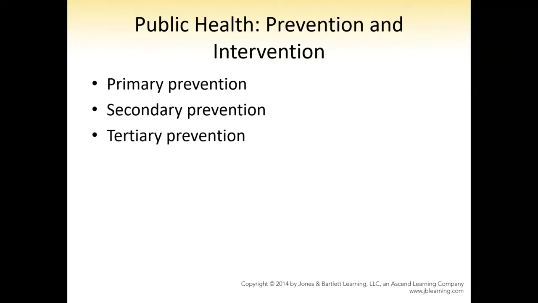Secondary prevention is the behavior or the risk has started, but it's still new. So an example of secondary prevention would be teenagers getting caught smoking cigarettes. Taking that group and putting them into a smoking cessation club or into a group to help you stop smoking, that would be considered secondary prevention.